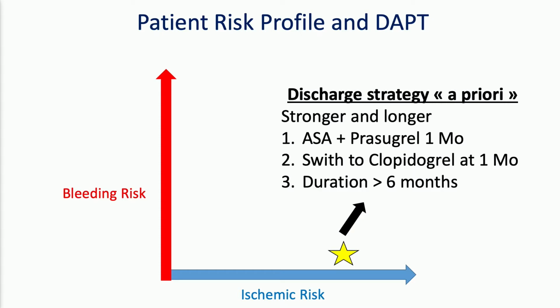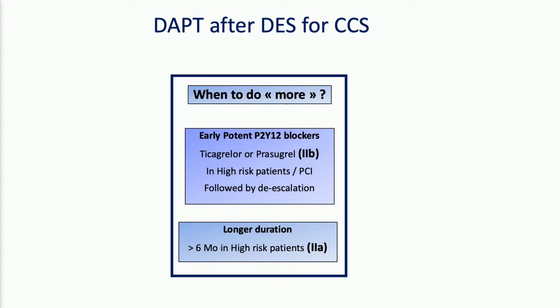So this patient was not discharged just with aspirin and clopidogrel, but with aspirin and prasugrel for 1 month and then switched to clopidogrel. So that's a kind of patient in which we want to give more than the standard and to start with the potent P2Y12 and then switch to clopidogrel. Such a patient will probably have more than 6 months of DAPT.